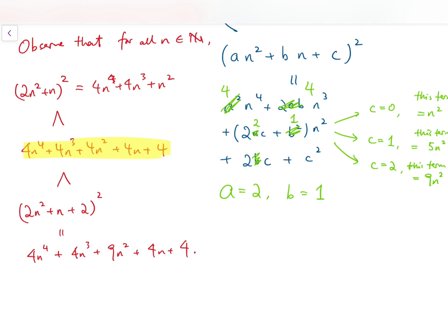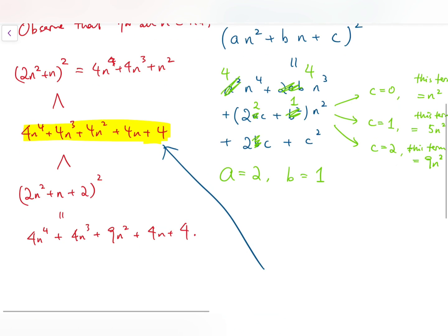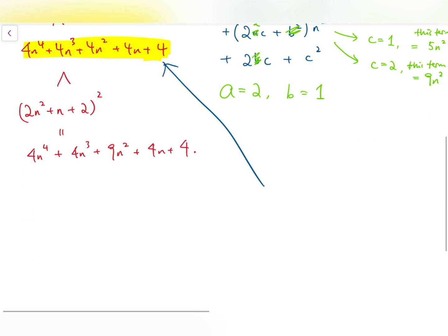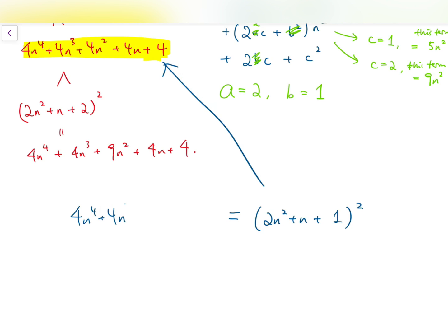And if we want this quartic to also be a square, then it must be somewhere in between. And because we are working with positive integers, they are discrete. This tells us that our quartic, if it has to be a square, must be equal to 2n squared plus n plus 1 all squared.